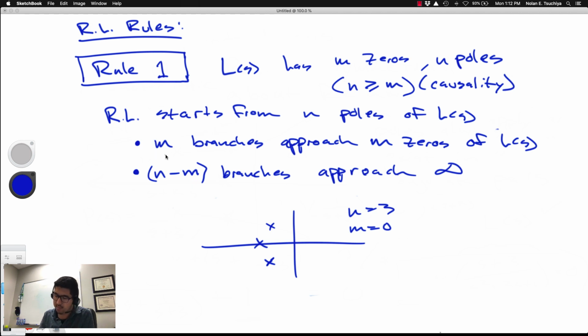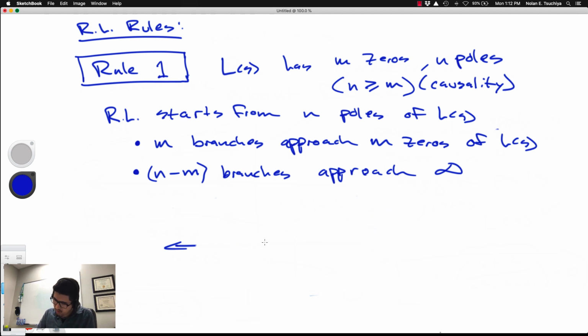And M branches, the number of zeros, in this case is 0, so 0 branches approach the non-existent zeros. So it makes sense that all 3 of these branches approach infinity. That's one example of how rule 1 applies to the root locus.